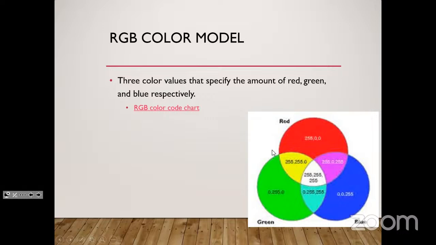But so if you want white, you want 255, 255, 255, because colors are represented in 8 binary digits. So that gives you 0 through 255, which is 256 combinations. When you're mixing your colors, it gets a little wonky in your head because light mixes differently than pigments.